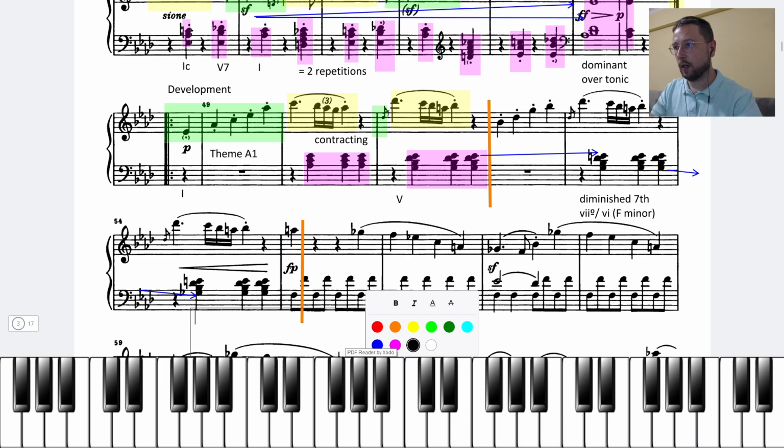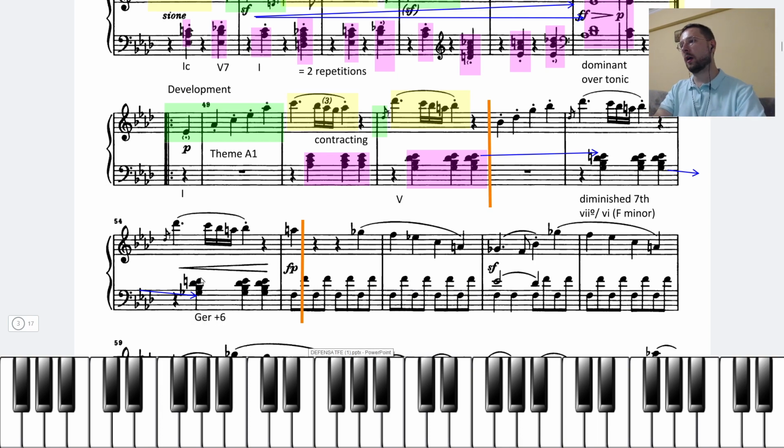This is a German augmented 6th, right? Let's quickly remember how augmented 6th chords are built. So you have the augmented 6th interval that resolves to the dominant, right? So that's basically the outer and the bottom line. The outer lines, the higher and the lower one, go to the dominant.